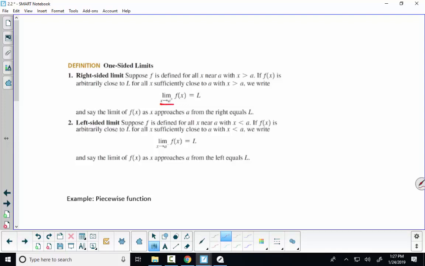So as x approaches a from the right, that just means x is larger than a. So all values larger than a we're approaching through. Similarly here for the left-sided limit, we've got the superscript of the minus. I don't know if that does show up on your printout.